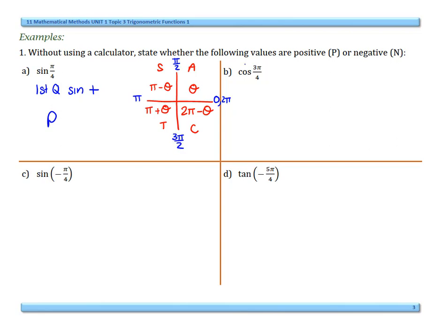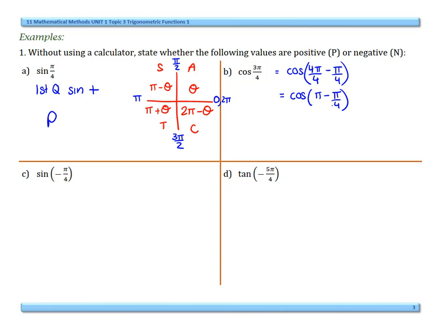So let's look at part B, cos of 3 pi on 4. Now we could rewrite that as cos of 4 pi on 4 minus pi on 4. Now the key is we always want this first angle to be either pi or 2 pi, because what you'll end up with is cos of pi, since 4 pi on 4 is pi, minus pi on 4.